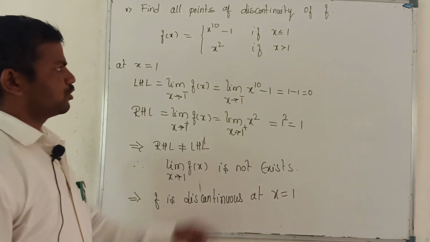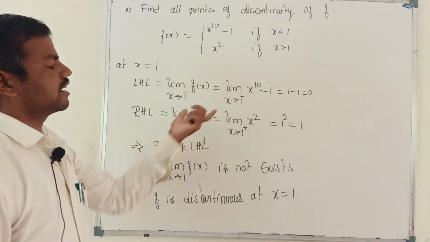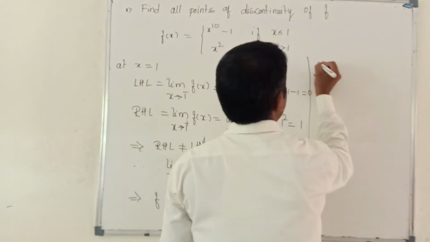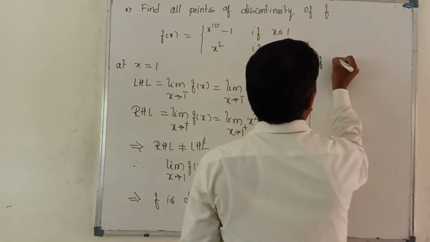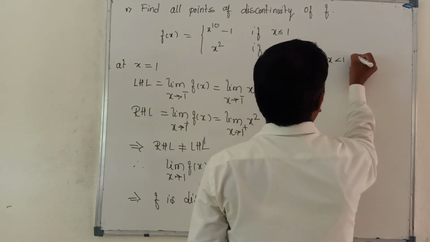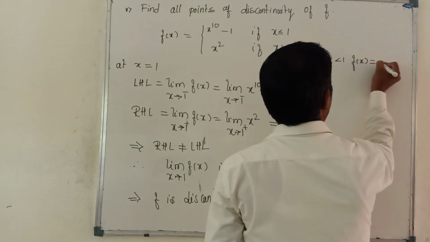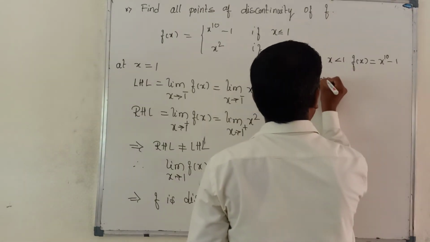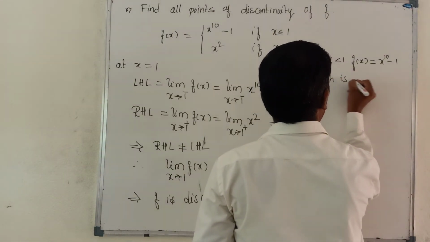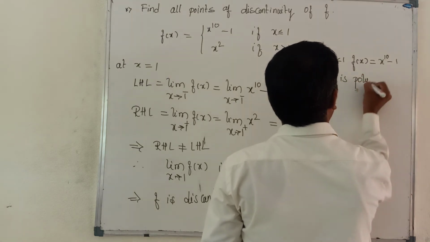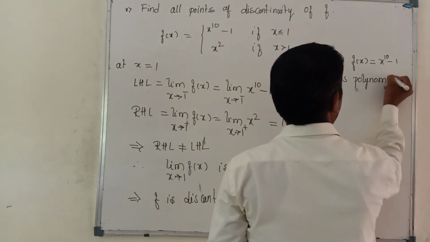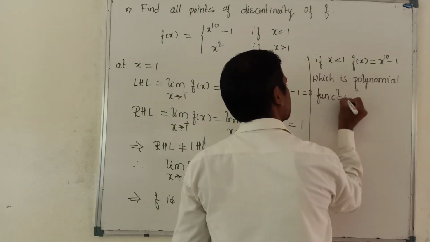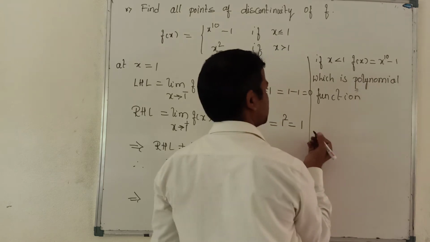So next we have to think about x less than 1 and greater than 1. If x less than 1, f of x is x raised to 10 minus 1, which is a polynomial function.